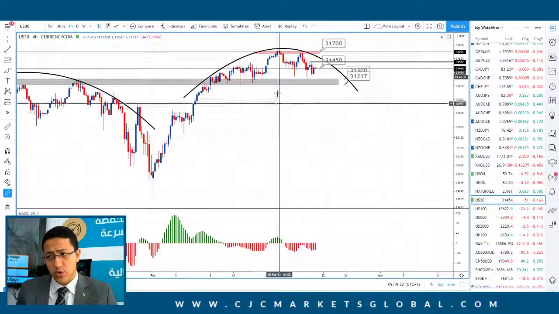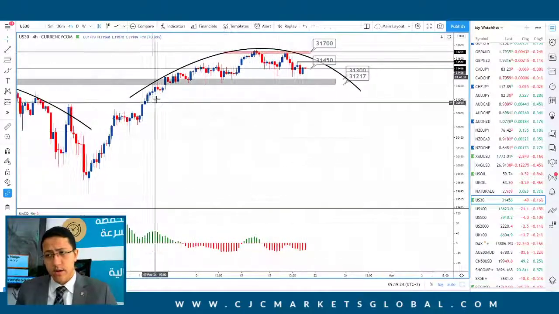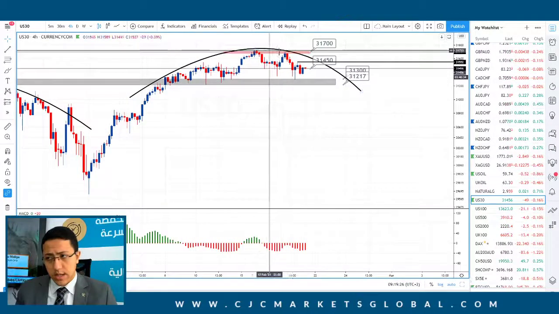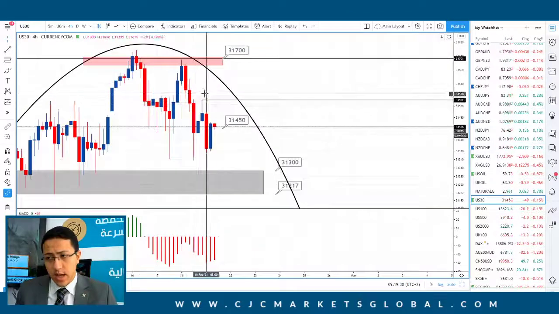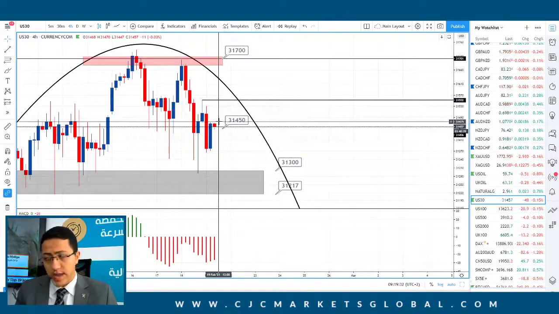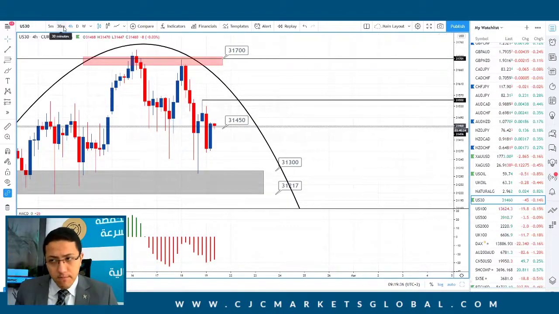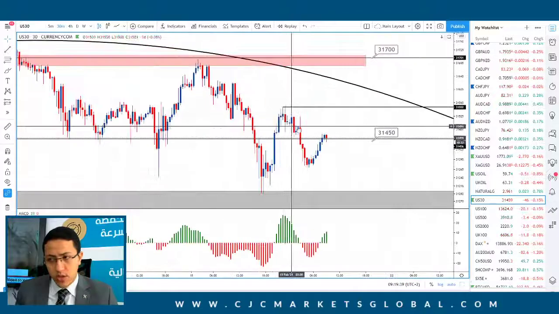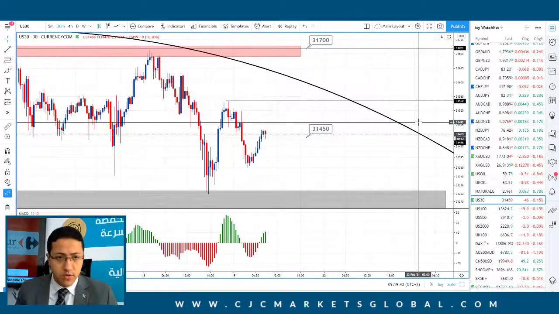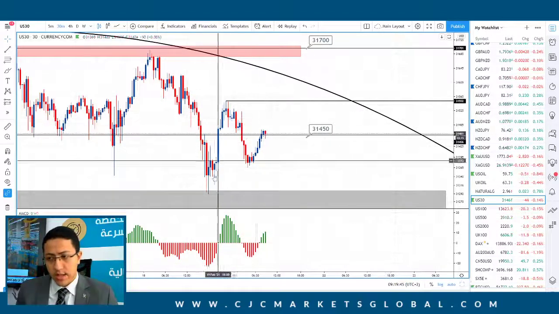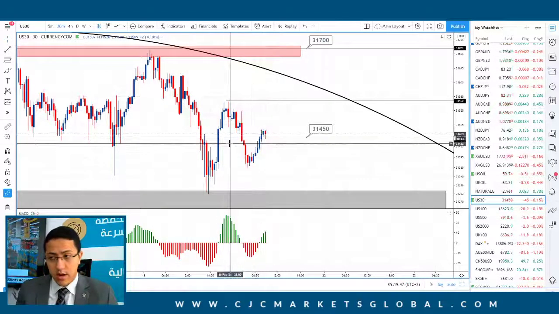And again, we are trying to create this same exact pattern, higher highs and two highs at the same level, and then we have managed to create a lower high at 31,550. So we are bearish on the Dow Jones during the day, as long as we are trading below 31,550, because we shouldn't by any means create any higher high.